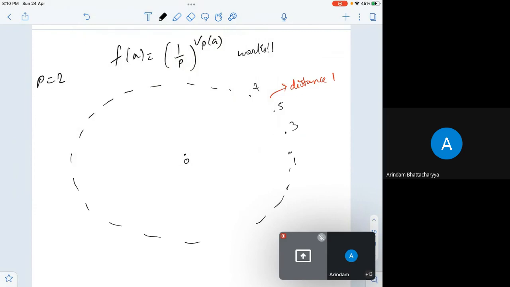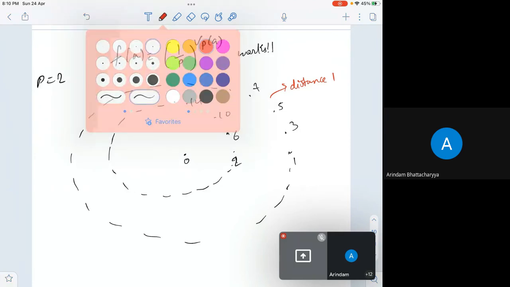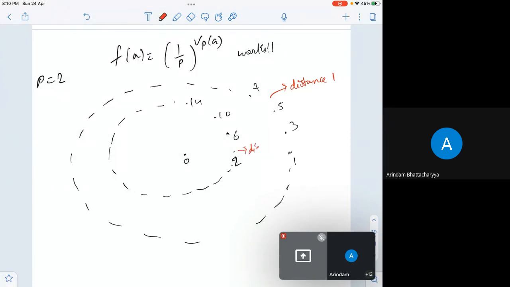Then at distance half, you have 2, 6, 10, 14. And then at distance 1/4, you have 4, 12, 20, and so on.